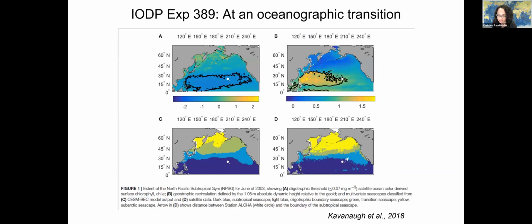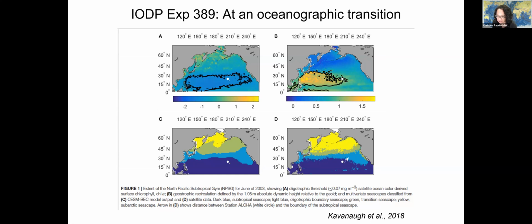On the next slide, I just want to make the point that, in the big picture, the samples are smack in the middle of the North Pacific subtropical gyre, but they're at this transition. In the upper left is the chlorophyll record. B shows something about the geostrophic recirculation.